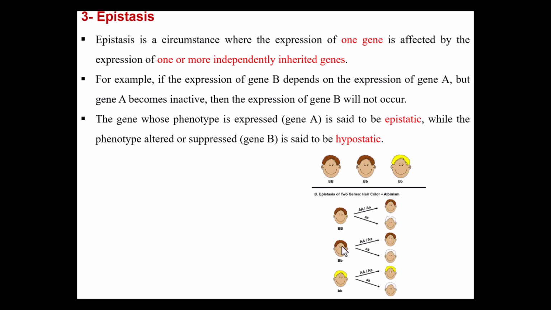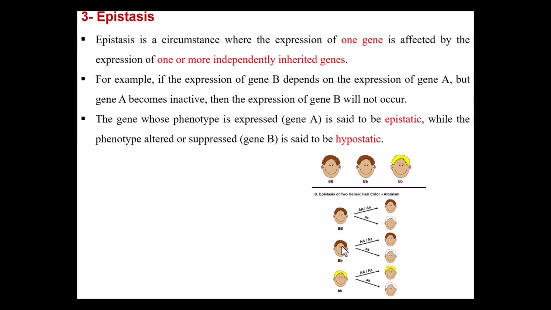The example for this epistasis we will be doing during the Venn lecture so that everyone understands it well. I'm going to solve two to three crosses, and I'm going to make crosses between two to three traits so that you understand it well. The gene whose genotype is expressed, we call it gene A. It's said to be epistatic.